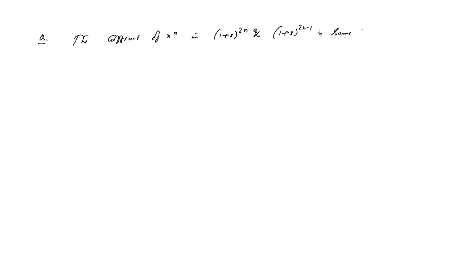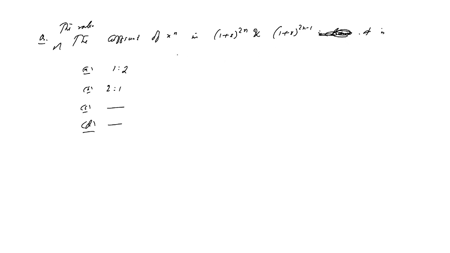What should be the ratio of the coefficients? Option A is 1 is to 2, option B is 2 is to 1, and options C and D are other options. I don't recall exactly what the options given there were.